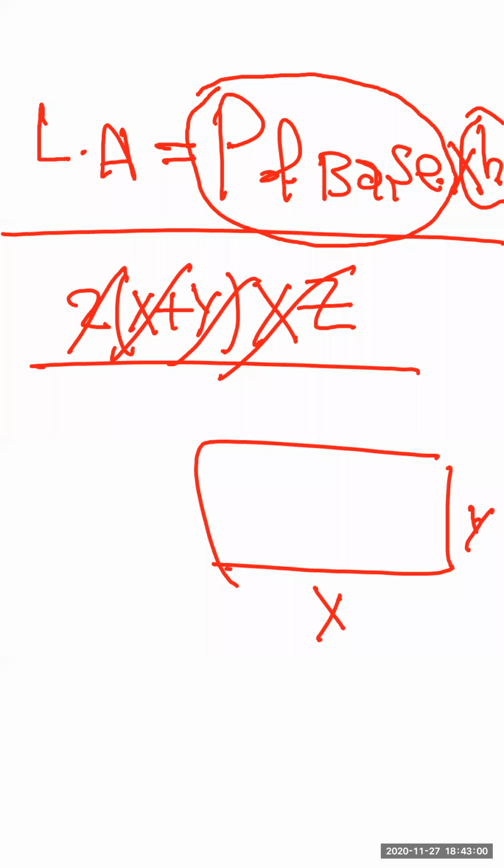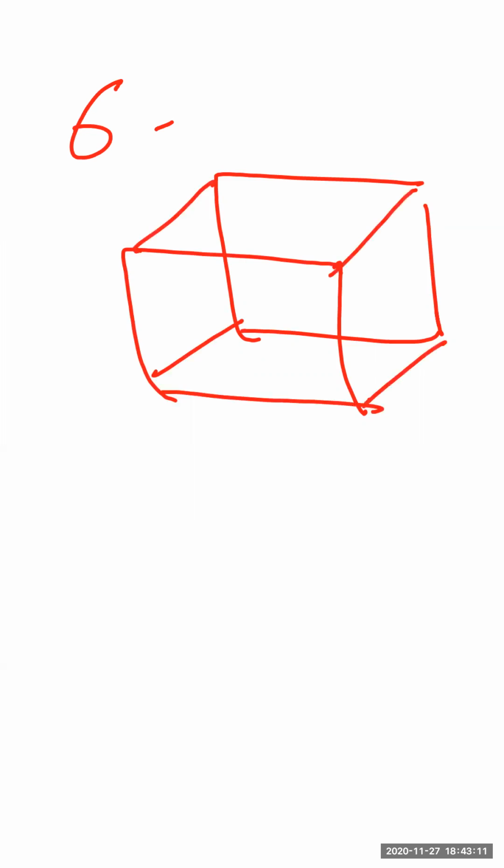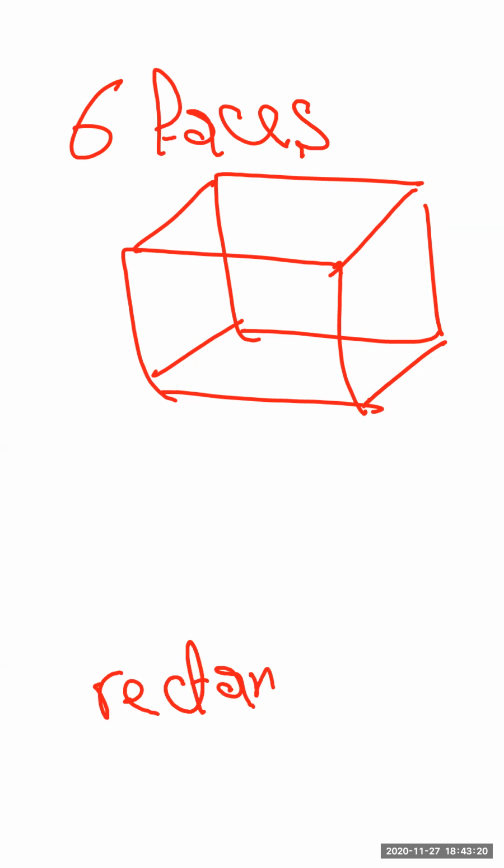Again, we said that the cuboid is like this one. 6 faces. Each face is a rectangle. Sorry, first the lateral area.